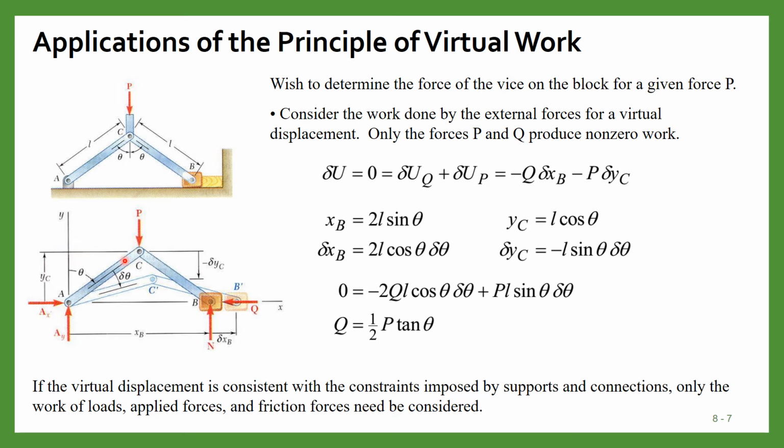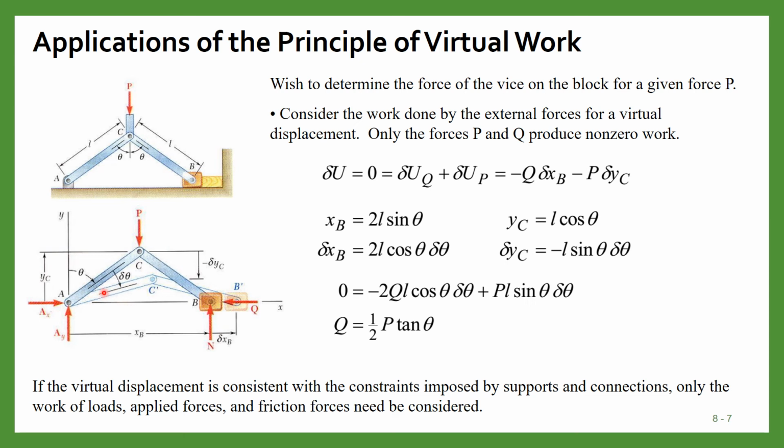Now suppose under this force the body deforms into this shape, so that the change in angle is delta theta, the movement in the vertical direction is delta yc, and the movement in the axial direction is delta xb. Under the action of these forces and reaction forces, these are the movements.